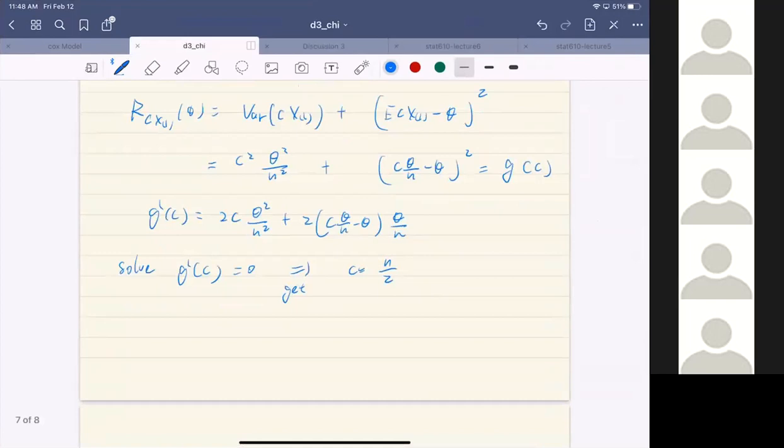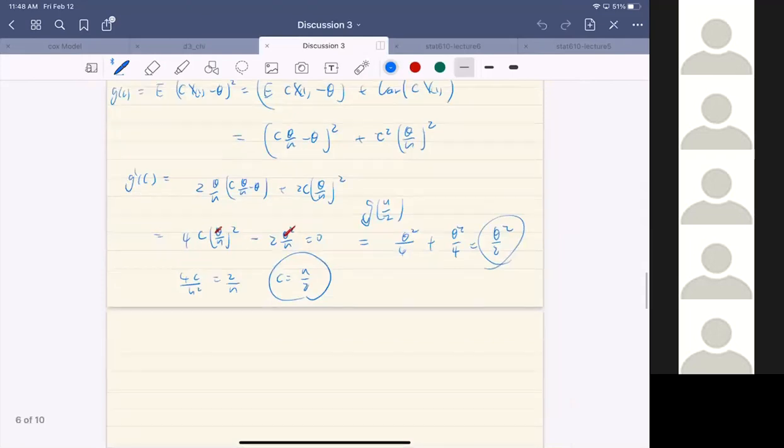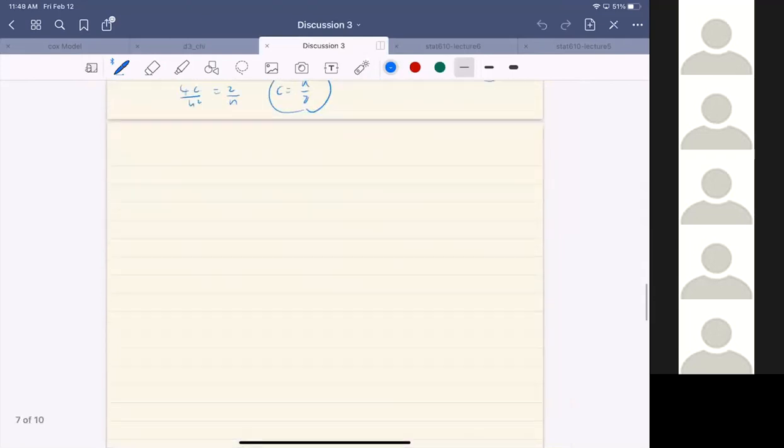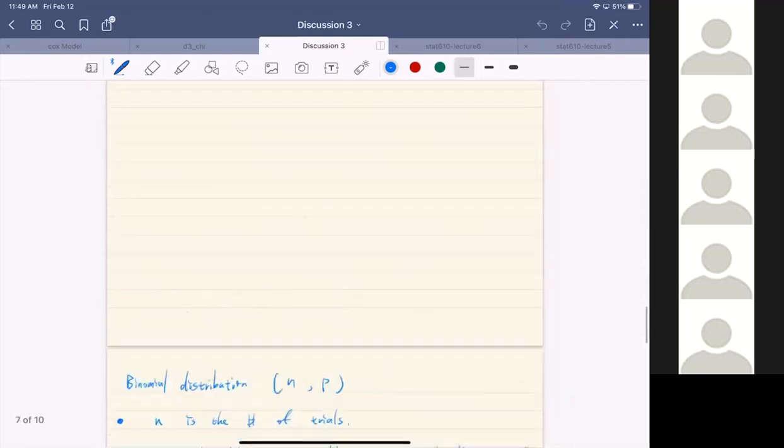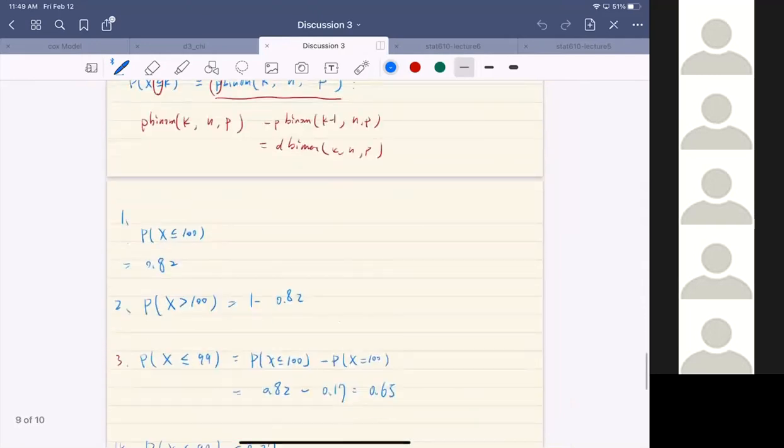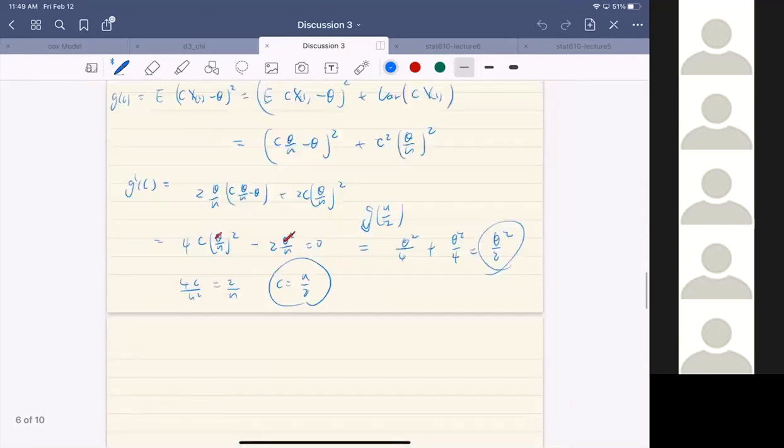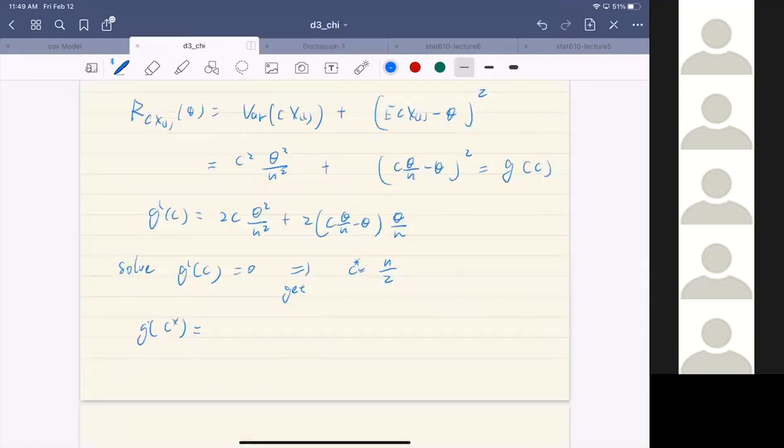Then we can plug in the C. So maybe we say it's a C star. Let me see. Okay, I think I have to do that.